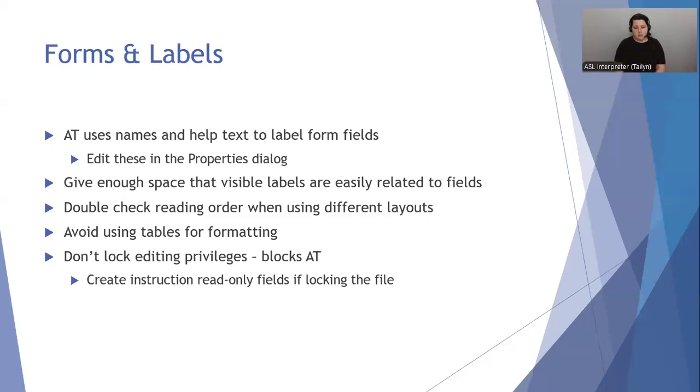When you're setting the layout for your form, make sure that you're giving enough space that visible labels are easily related to fields. So I know a lot of us, when we set up forms, we kind of expect it to be either right to the left of a form field or right above it, but making sure that you're not trying to cram as many as possible into the page makes it a lot easier for a user to have just a little bit of white space in between form fields to be able to distinguish which one is the next one.